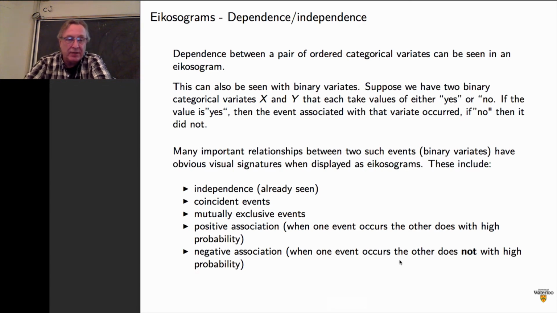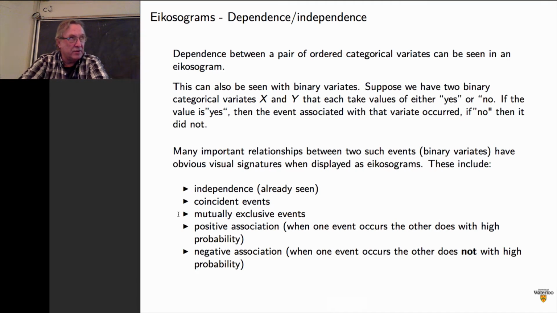So many things that you can see with an Eikosogram that you mightn't see, say, with Venn diagrams or other things, are these things that we had taught you to worry about in Stat 230. Independent events, we've already seen things that are independent. When are they coincident? What are mutually exclusive events, right? If you think about how you might draw a Venn diagram for mutually exclusive events, or how you would draw a diagram for independent events, one of those is really easy, the other's not.